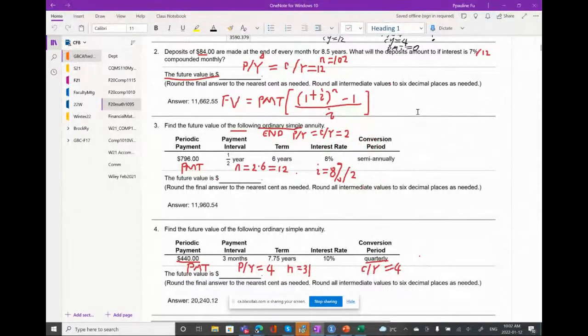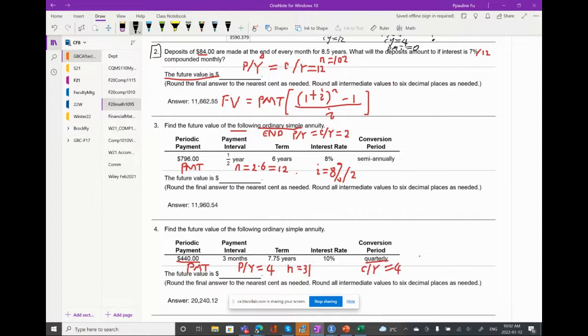All right, so this question here. Question 2. Deposits of $84 are made at the end of every month for 8.5 years.